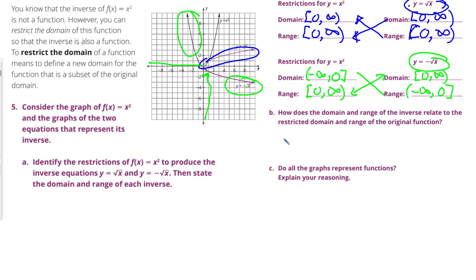So it always is going to be where the domain and range trade for the inverse. And when we restrict the domain, that's going to get it to where we have a function. So if I was to do the restrictions here, then this portion right here is a function.